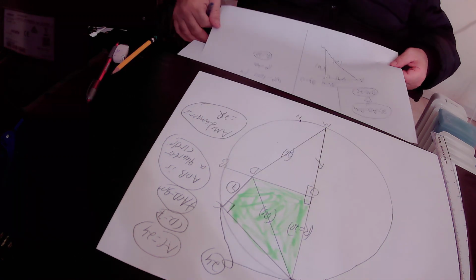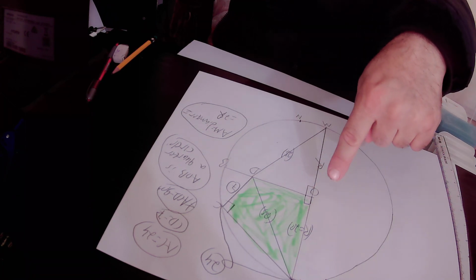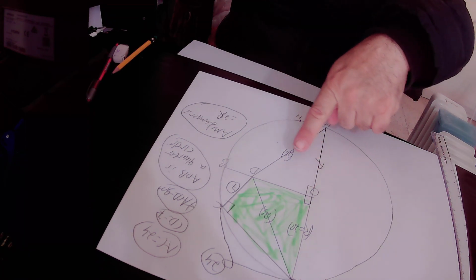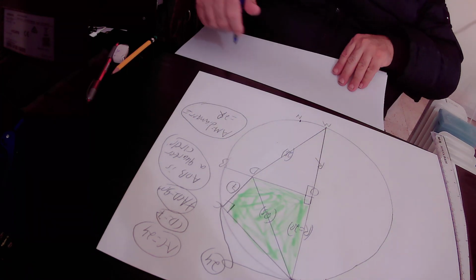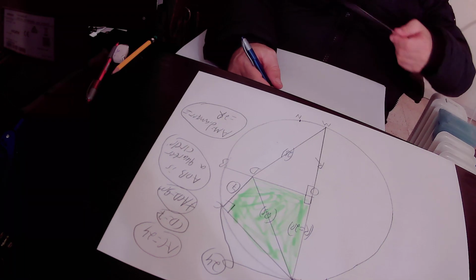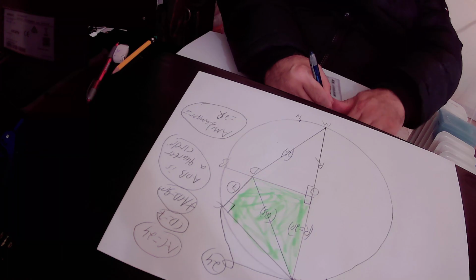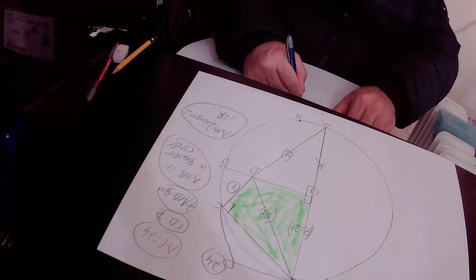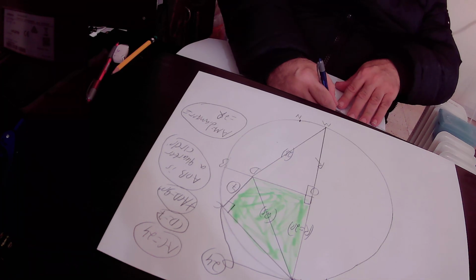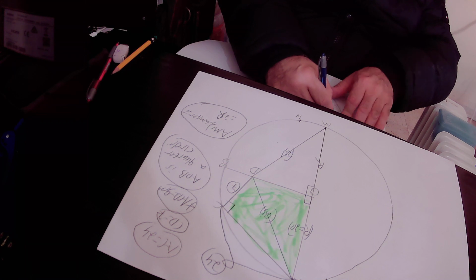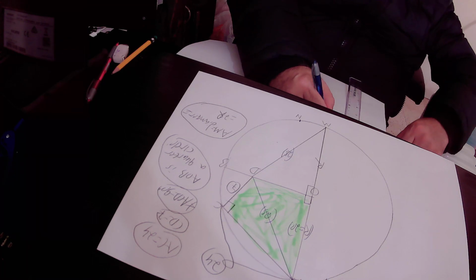In the next step, we focus on the right triangle AOD. I'll copy the right triangle AOD. We will find out the missing side OD by implementing here the Pythagoras theorem. So I copy the right triangle AOD in the new page. AO is the radius that is equal to 20 units.